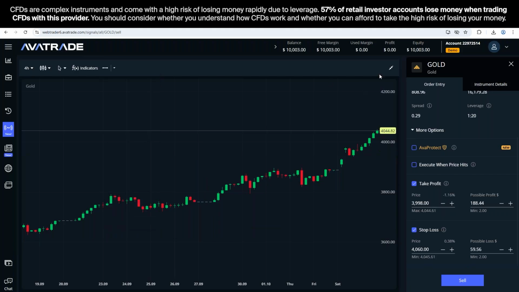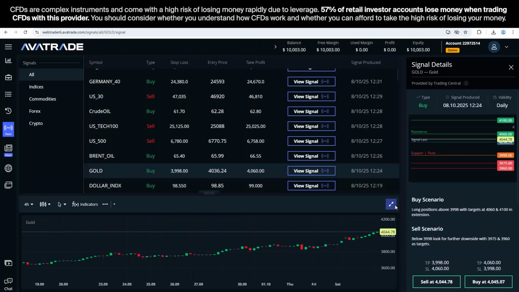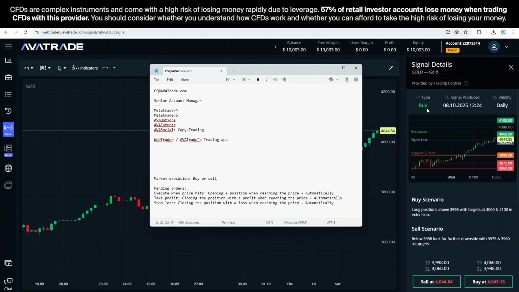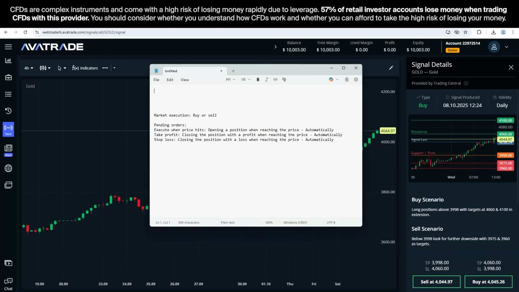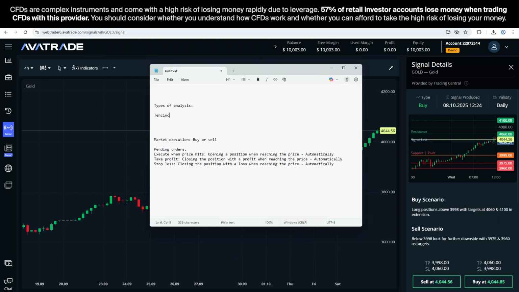Let's move on. The analysis we're getting here is considered technical analysis, since what's elaborated in here is the support and resistance. Okay, let's wipe it out, and then we'll write types of analysis. And then we've got technical analysis.